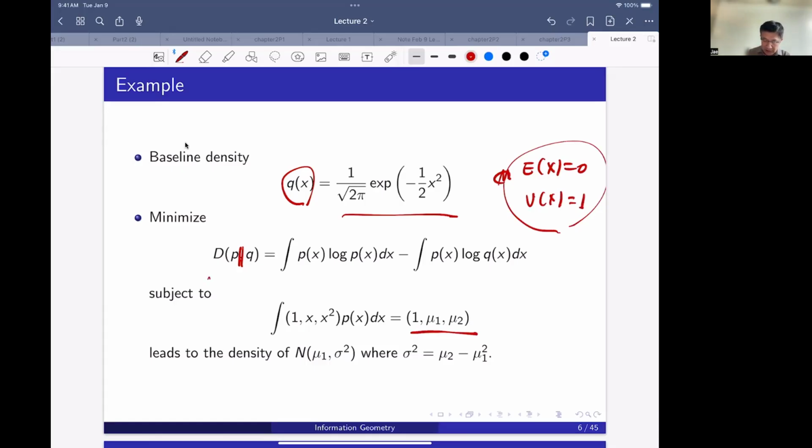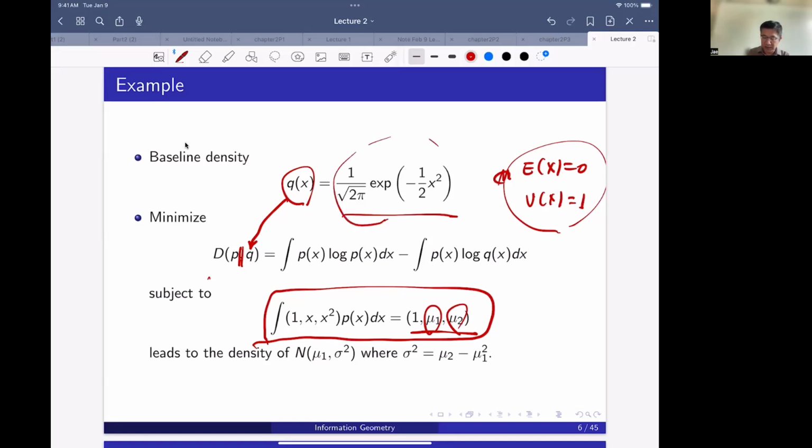From the baseline, you impose a condition that its expectation up to the second moment satisfies this, for the given mu1 and mu2, then the solution turns out to be just shifting.